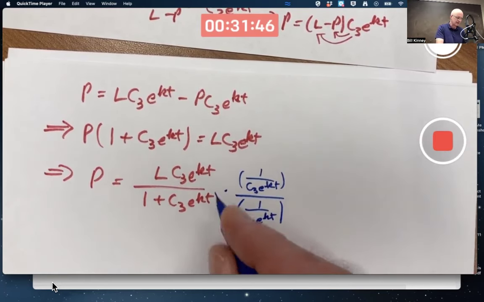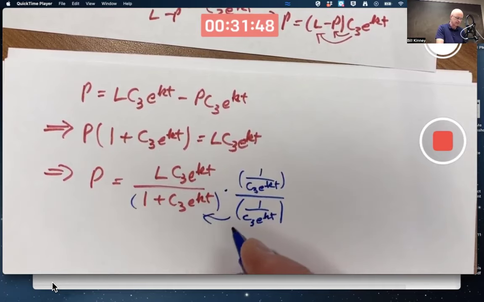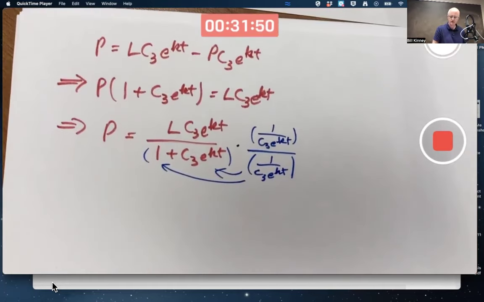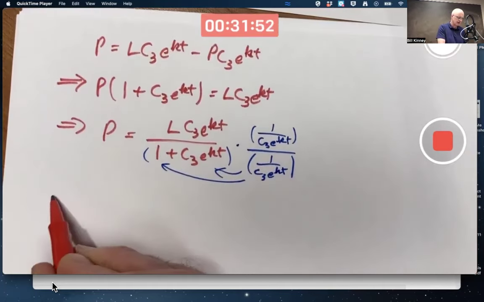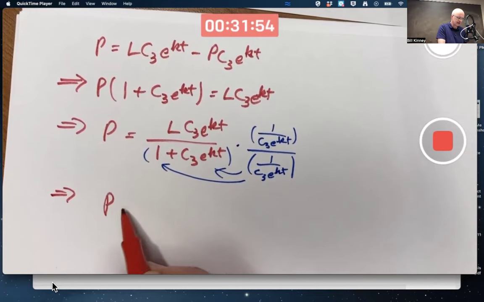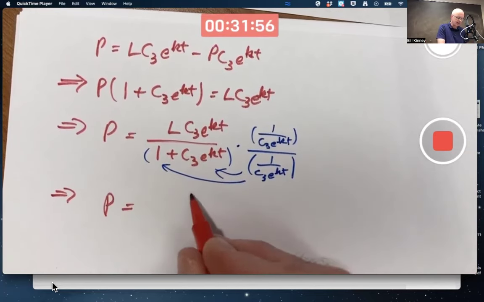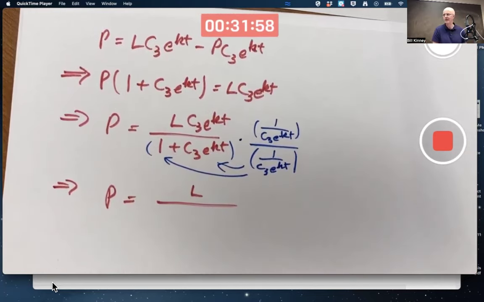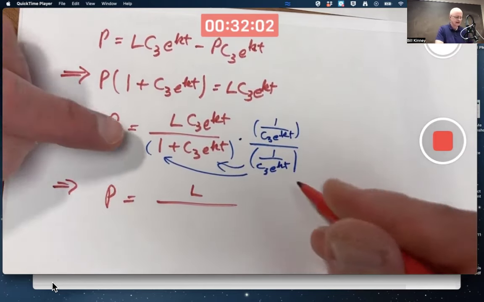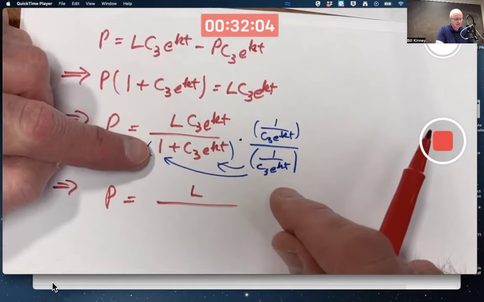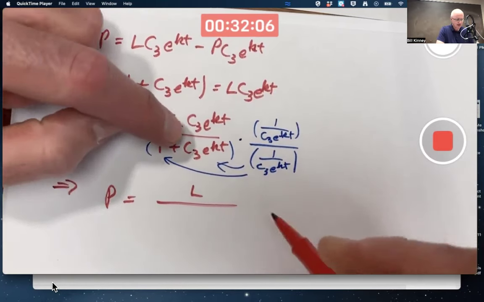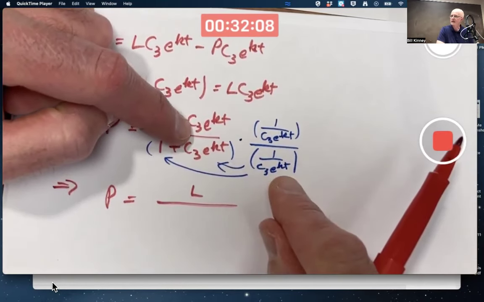And on the bottom, you've got to use the distributive property as well. So what do we get? P is going to be L on the top, because everything but the L cancels. That's part of the reason why this last step is done. In the bottom, with the product here and here, those completely cancel to 1.